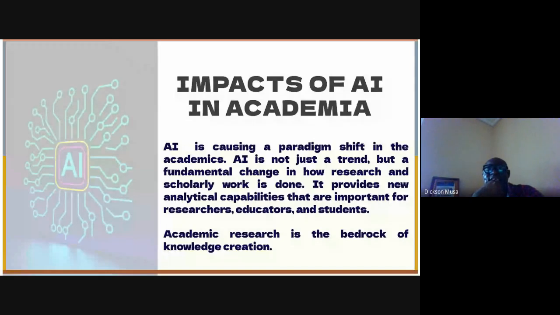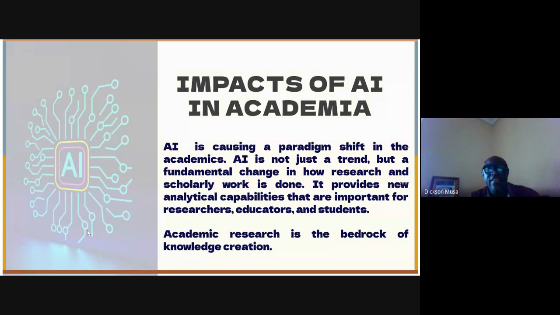Now, has AI had any impact on scholarly research and writing? Yes, because it is causing a paradigm shift in academics. AI is no longer just a trend, but it's causing a fundamental change in how research and scholarly work is done. It provides new analytical capabilities that are important for researchers, educators, and students.